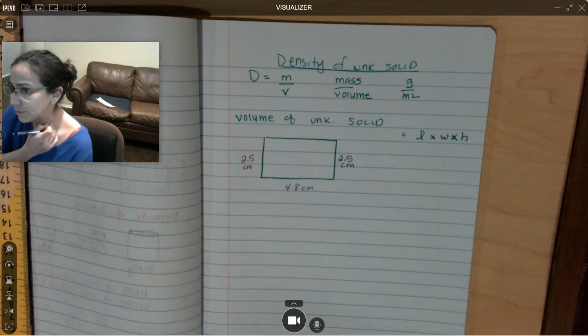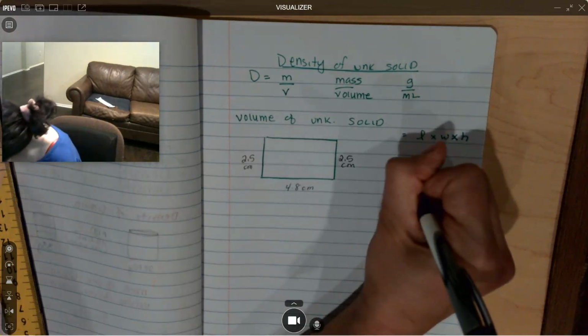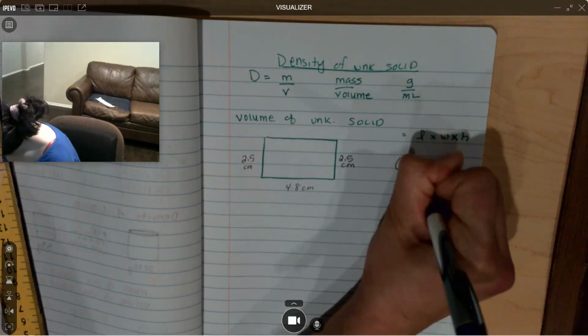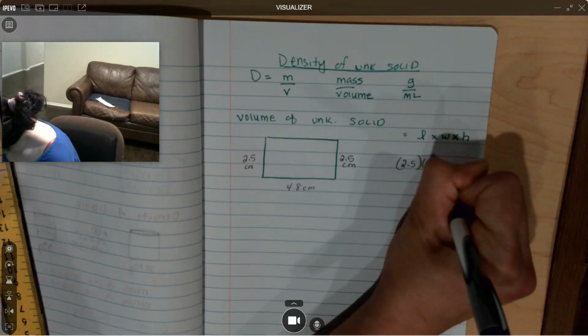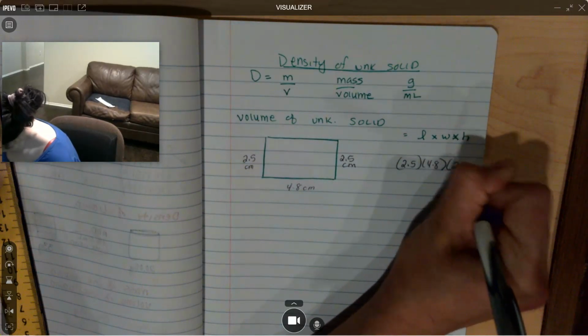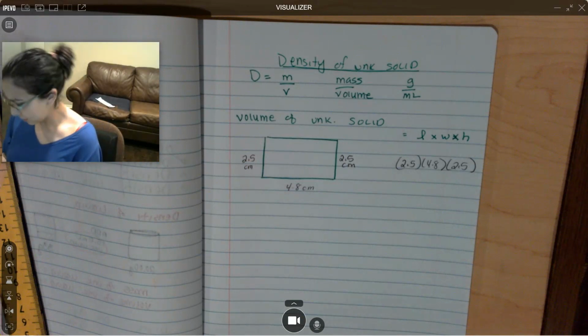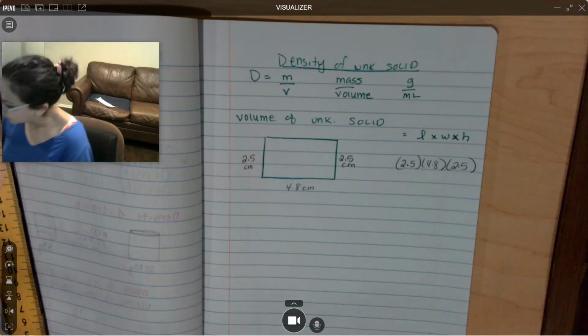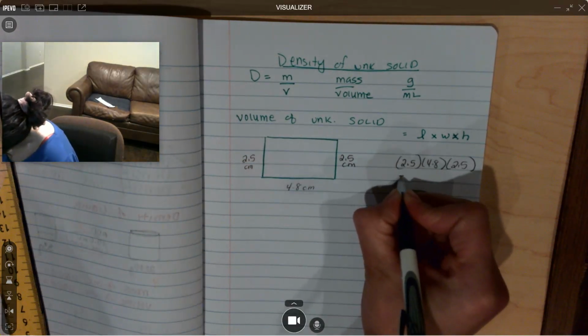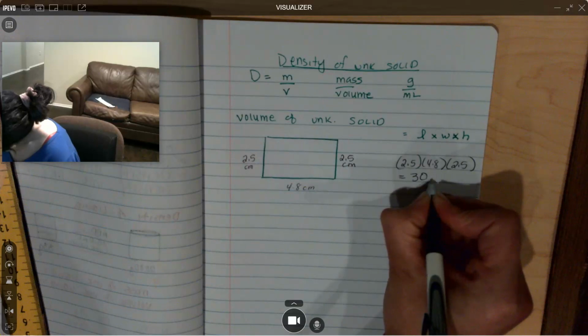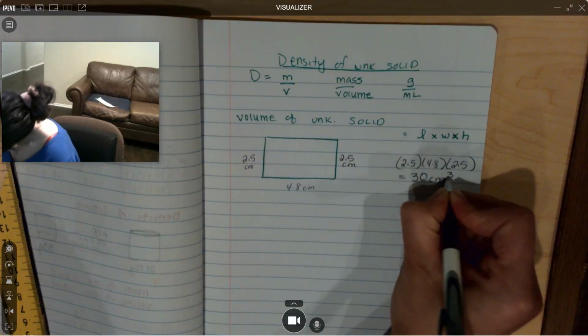In this case, I'm going to have 2.5 times 4.8 times 2.5. Multiply all those together in my handy dandy calculator, and I get 30 centimeters cubed.